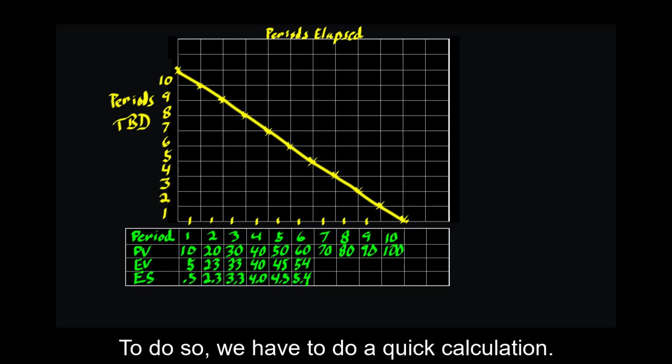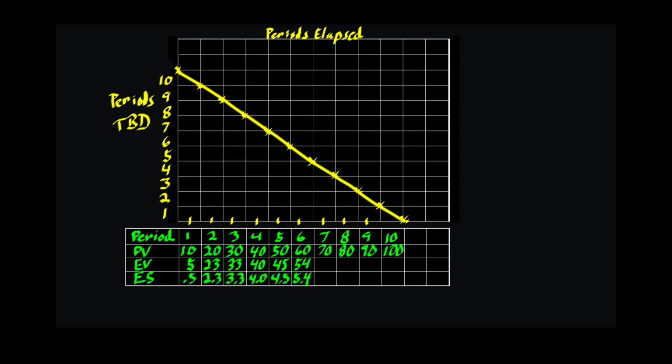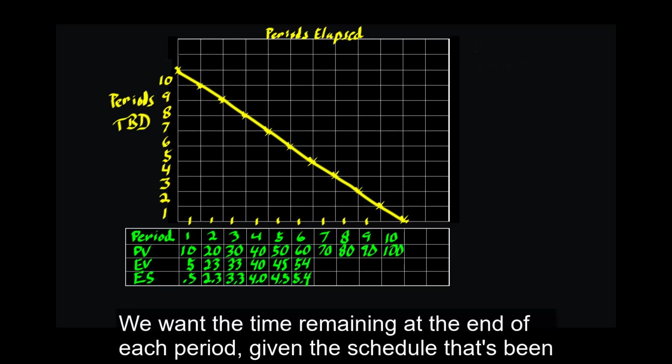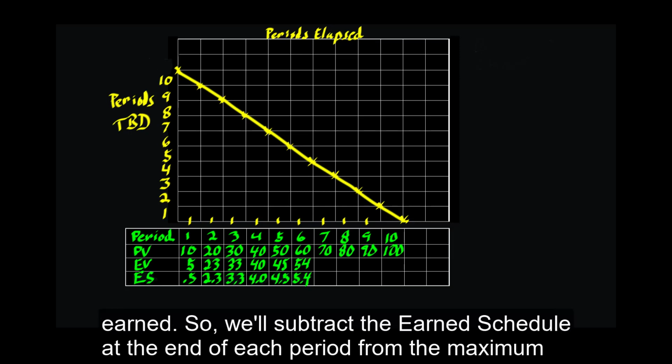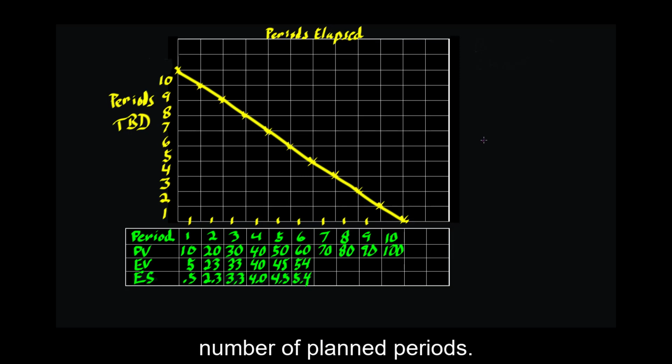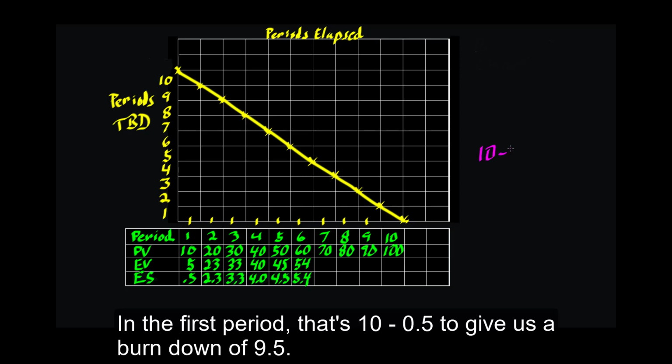It's time to lay in the earned schedule. To do so, we have to do a quick calculation. We want the time remaining at the end of each period, given the schedule that's been earned. So we'll subtract the earned schedule at the end of each period from the maximum number of planned periods. In the first period, that's 10 minus 0.5 to give us a burn down of 9.5.